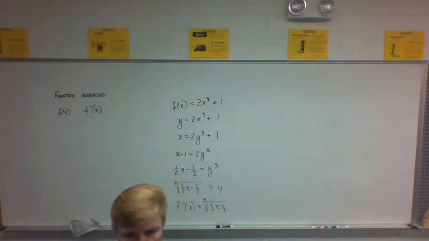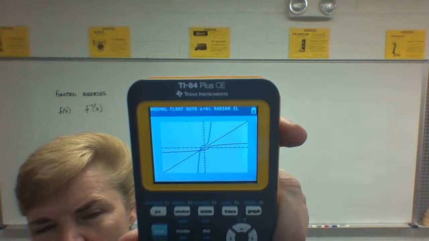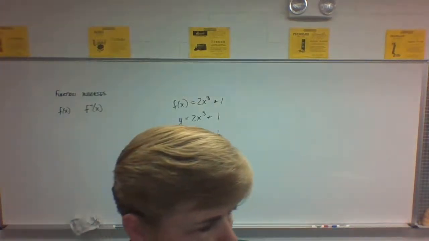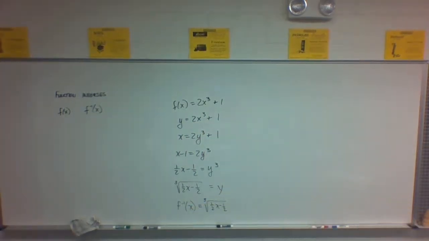This is what it looks like in a standard screen for those of you watching. That's the line y equals x in there to show that it's a reflection. Did you get it reflected? It looks slightly distorted. What do you do? On your window, change the y's to go from -7 to 7, and it won't be that way. It'll look more like the reflection is supposed to be.